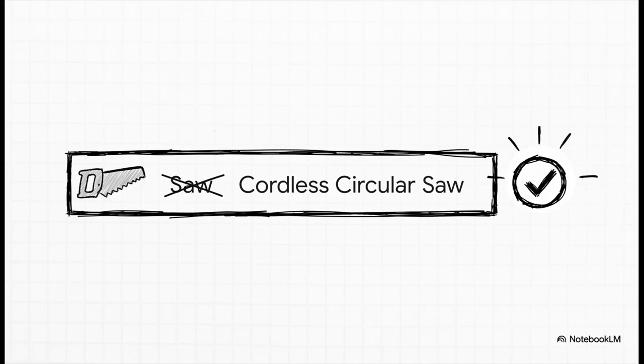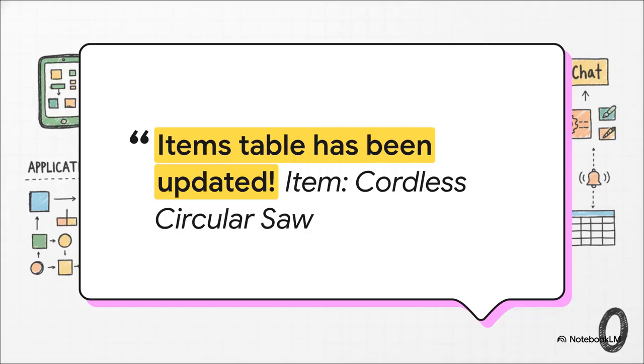So let's play this out. Picture it. Someone is in the main inventory app, and they update an item. They change the description from just saw to something more specific, like cordless circular saw, and they hit save. And voila! Almost instantly, this message from your bot just pops up in the team chat.